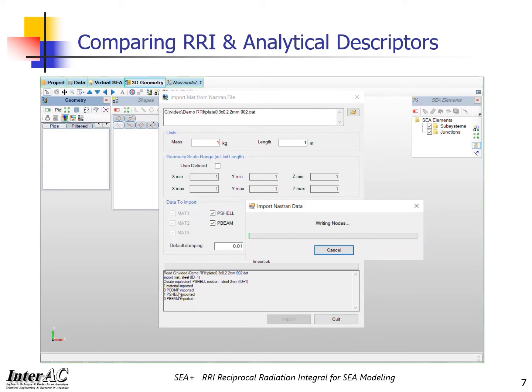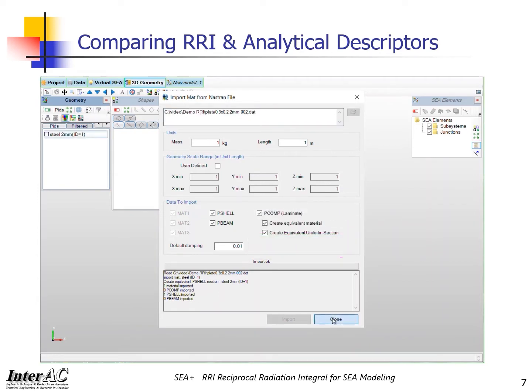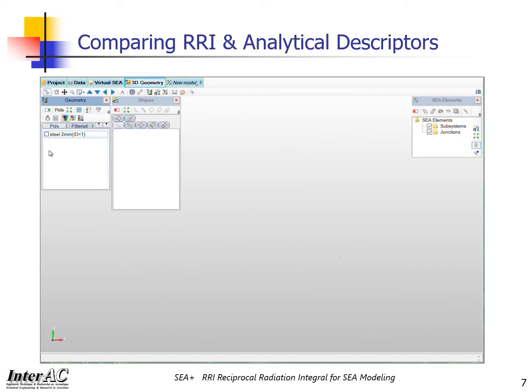You see there is one PCOMP that has been detected, and one material. Then there are 3 available tabs. The geometry tab displays the PID in the 3D geometry, the shape adds information to the PID, and after that the ASEA element contains the shape transformed into an ASEA subsystem.